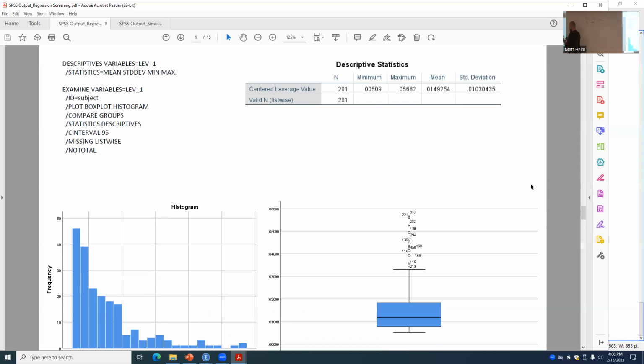So what I'm looking at is some value that's going to be exceeding that 0.045 level.